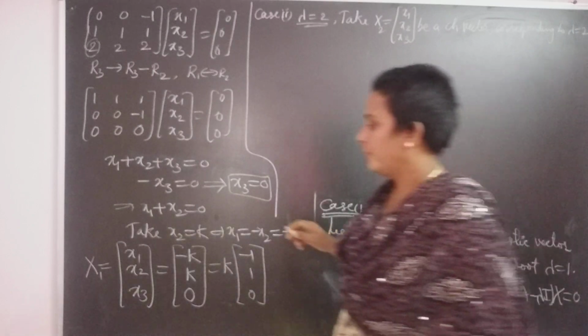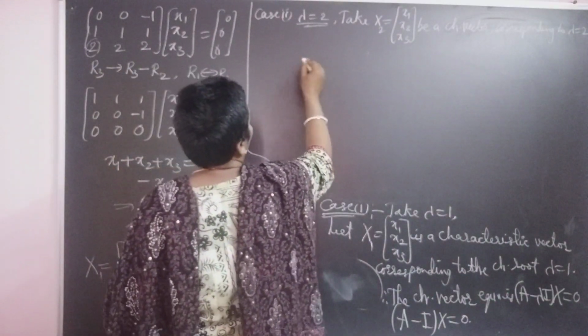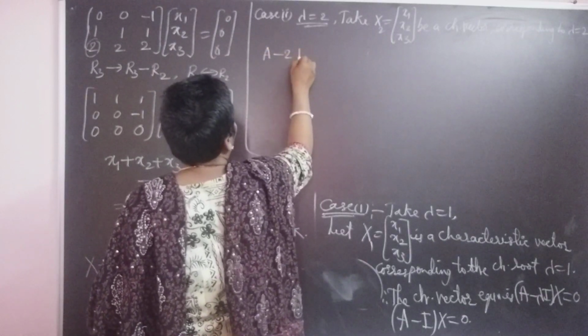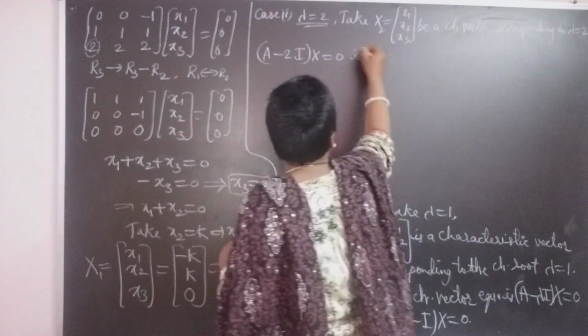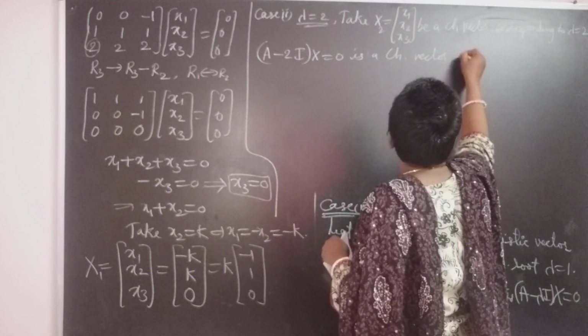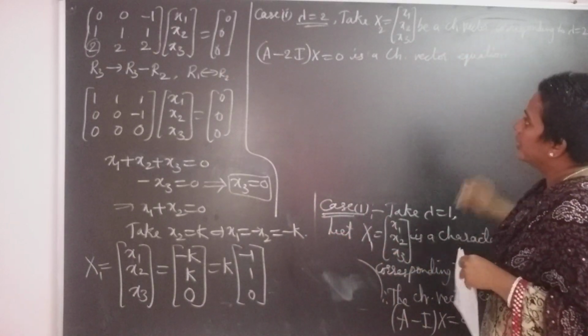Now we can write, A minus 2I into X equal to 0 is the characteristic vector equation.